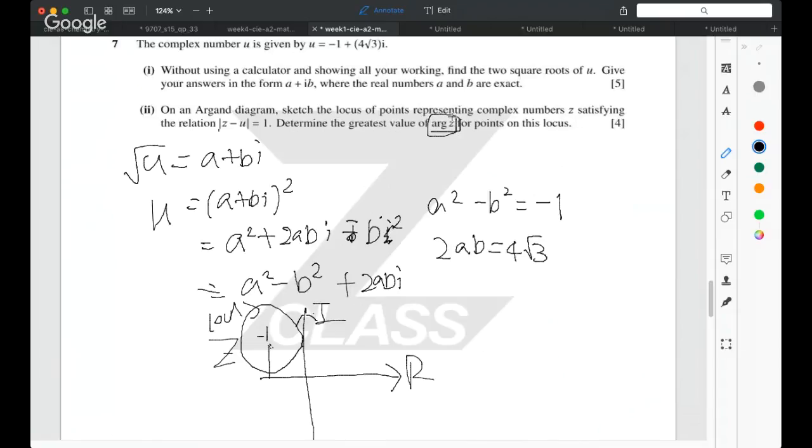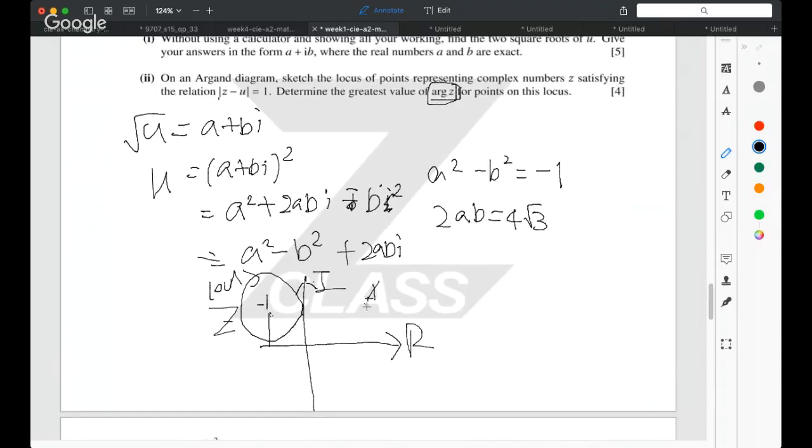So what is the argument of z? What is an argument? If I have a complex number, for example, we call it a, what is the argument of a? Is it not just tan equal to a? Yes, it is the angle between the complex number a and the positive part of the real axis.